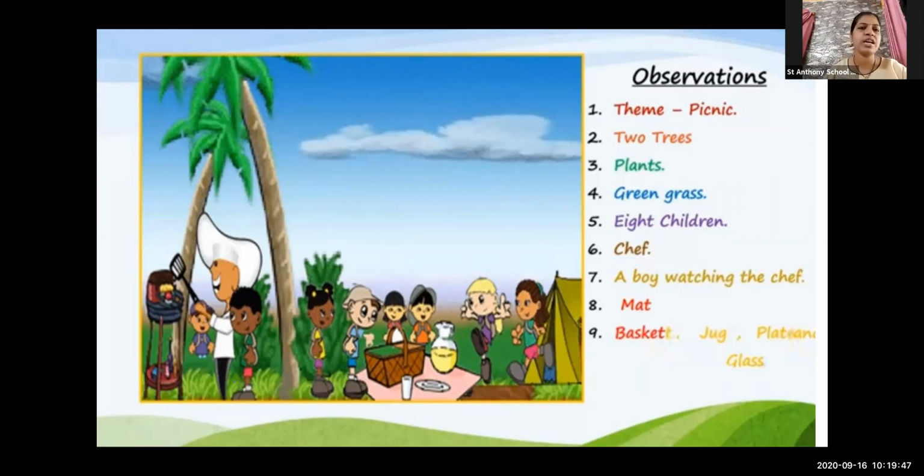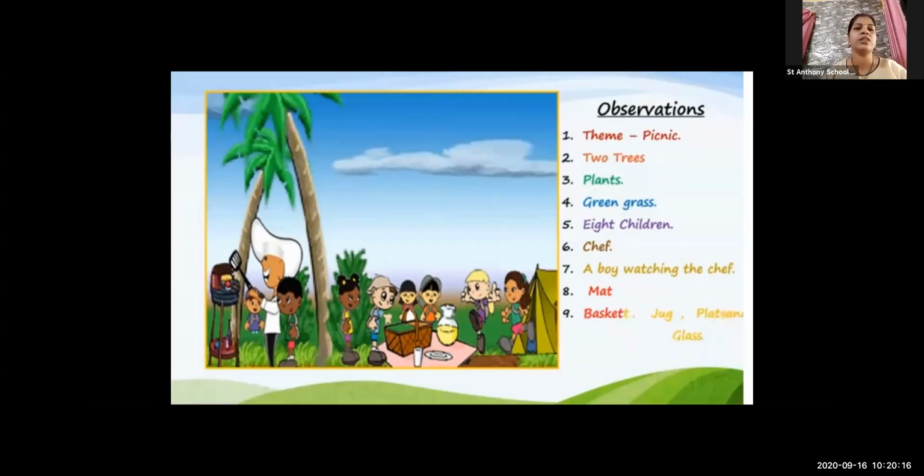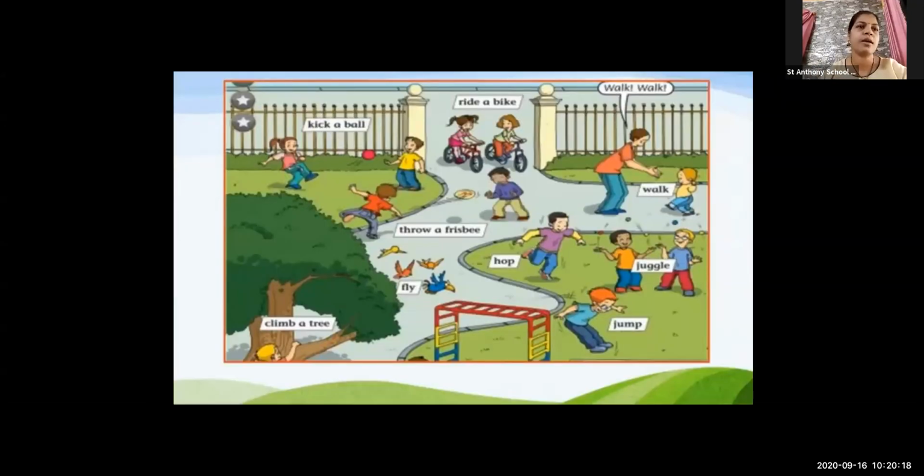You can see over here, this boy is watching the chef. There is a mat, a basket, a juice jug, and a tent. Everything should be mentioned in the sentences. Just try to observe each and everything, take out the points and make a sentence. With the help of that, you can make sentences. That is called the picture description.